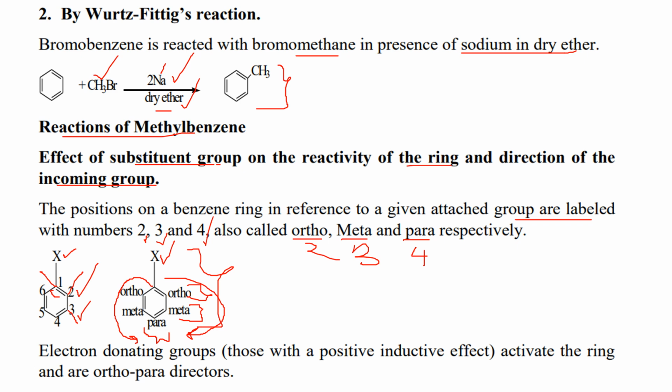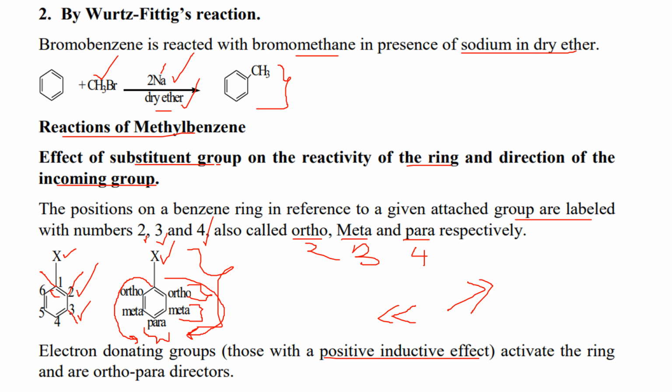Now we're saying that electron donating groups, pay attention to this properly. Electron donating groups are those groups with a positive inductive effect, groups that donate electrons to the benzene ring. The ones that take electrons away have a negative inductive effect.